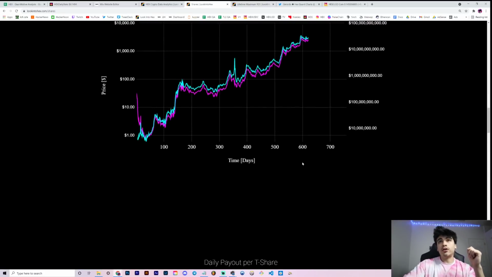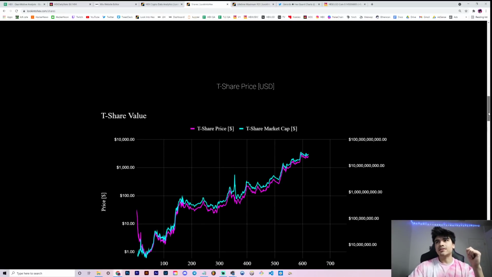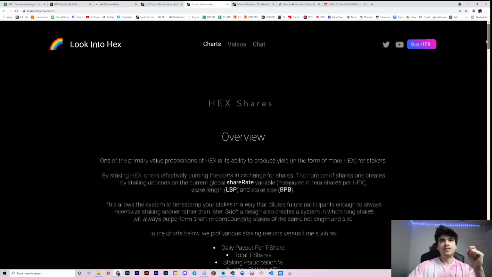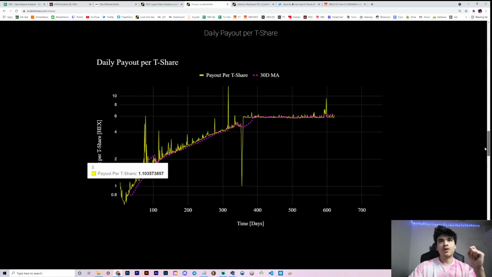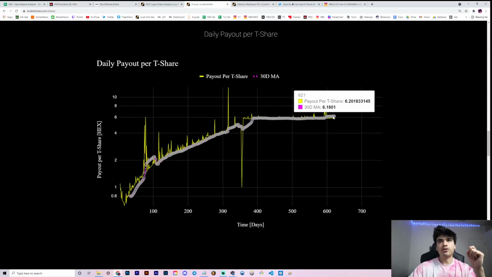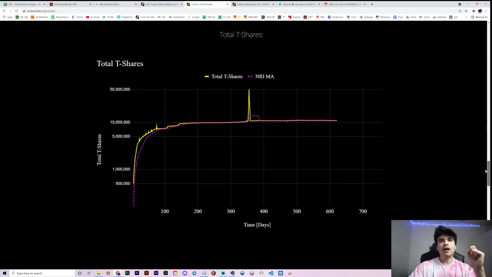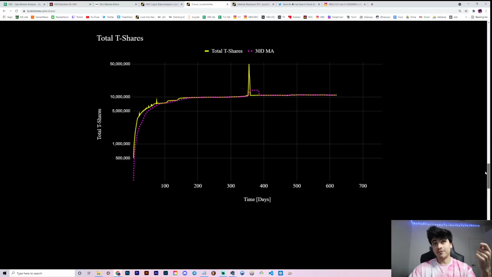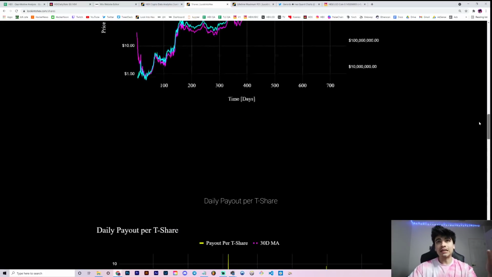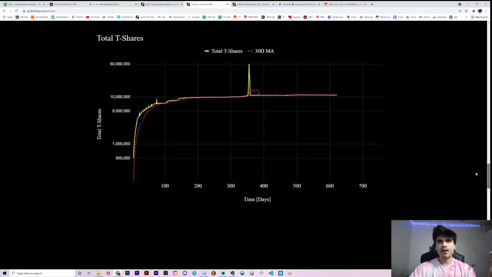But you can monitor both of those, right? Now I believe that's the only update we did to the shares tab. The rest of them you already know. It's your payout per T-share. You can see we had a nice little spike to 6.2 recently. We already know this as well, the total amount of T-shares circulating, which directly influences the T-share market cap, right?